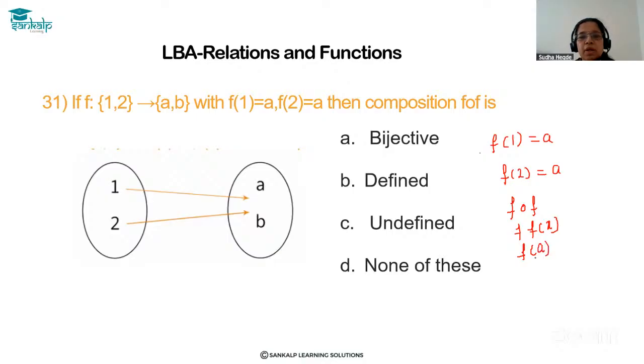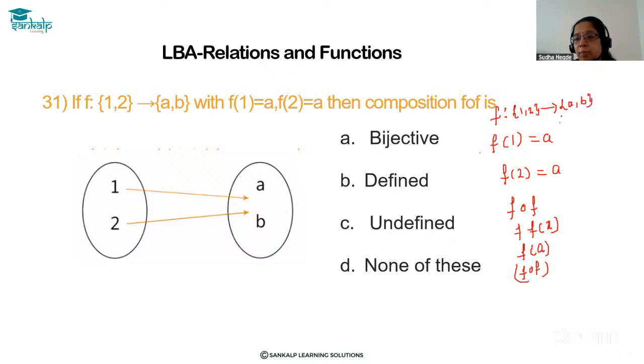But what is f of a? You cannot find it because f composition f should be from where to where? See, f is from where to where? It is 1, 2 to AB.